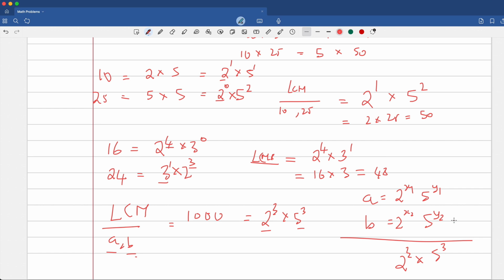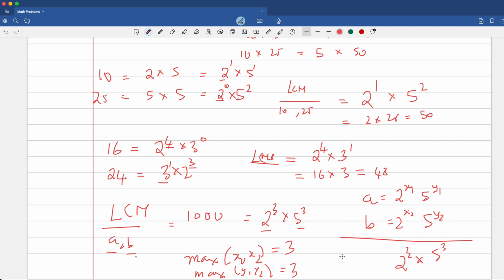So you can conclude from this, the intuition here is that the maximum value between x1 and x2 should be 3, and the maximum between y1 and y2 should also be 3. So it's possible that y2 is 3 and y1 is 0.